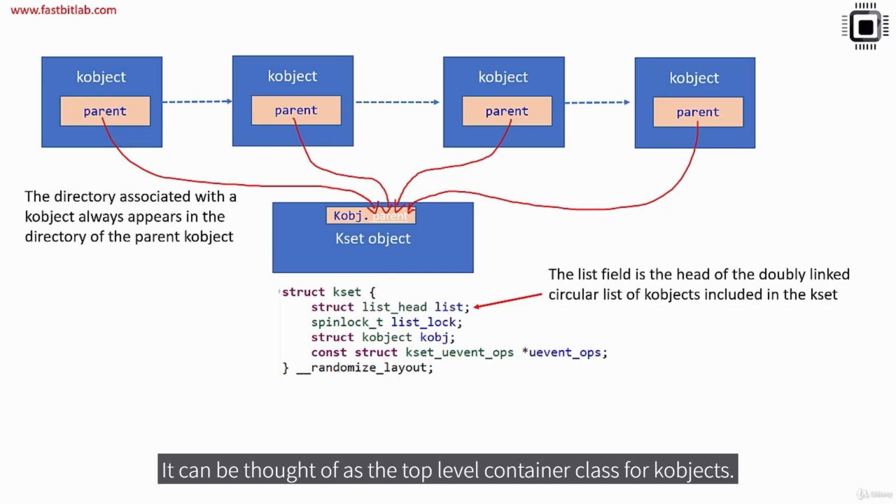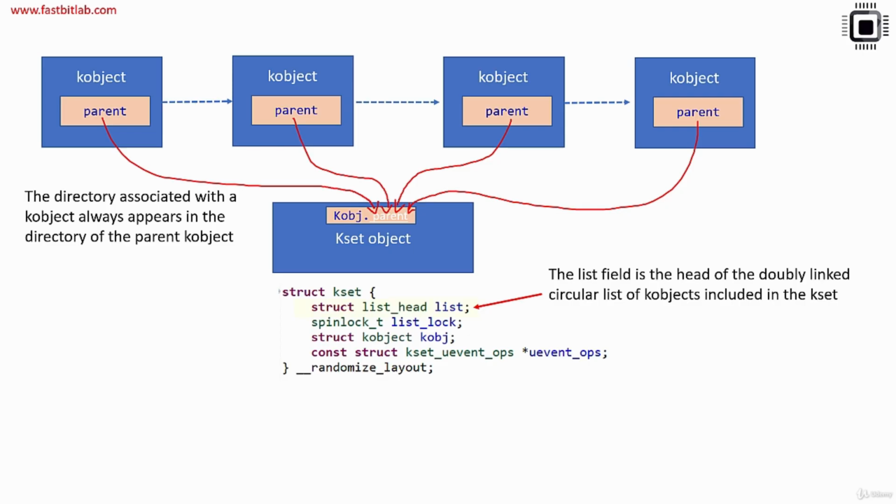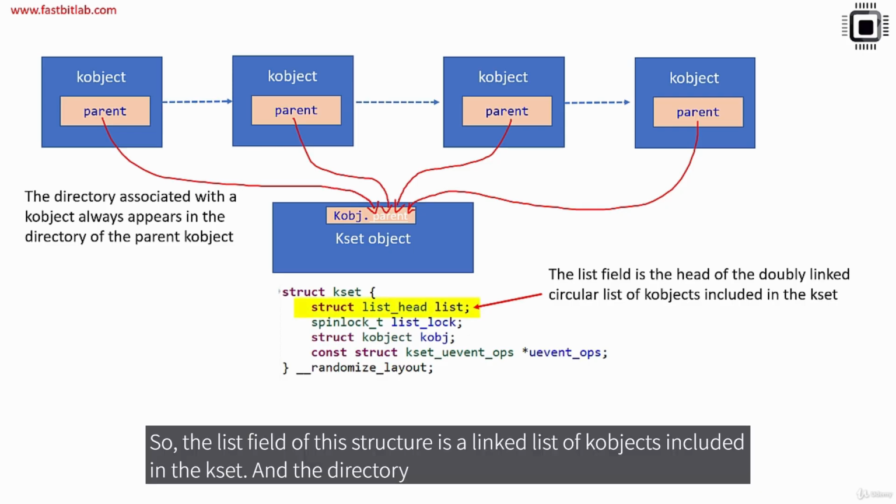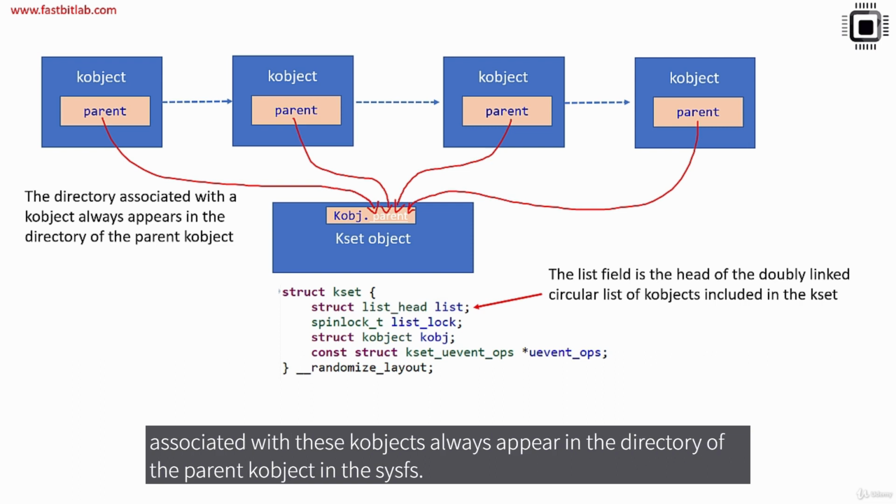It can be thought of as the top level container class for kobjects. The list field of this structure is a linked list of kobjects included in the kset, and the directories associated with these kobjects always appear in the directory of the parent kobject in sysfs.